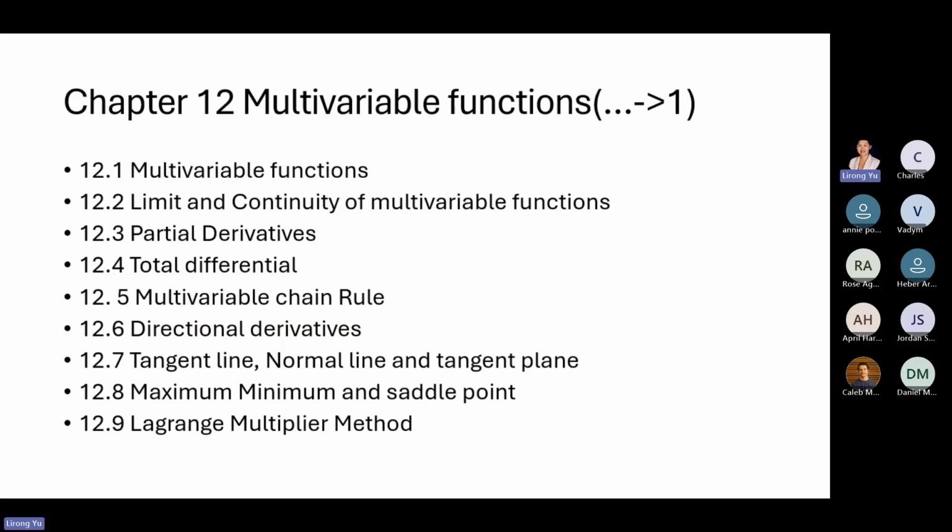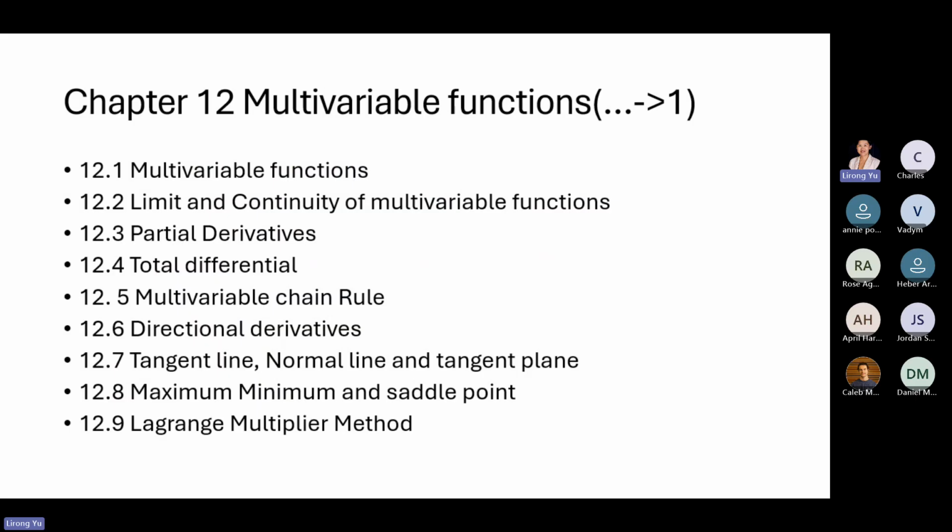12.3 focuses on calculation of partial derivatives. 12.4 will combine all the partial derivatives for a single function to create something called a total differential. Total differential is very useful for approximation, among other purposes. And the total differential's coefficients will be the gradient.